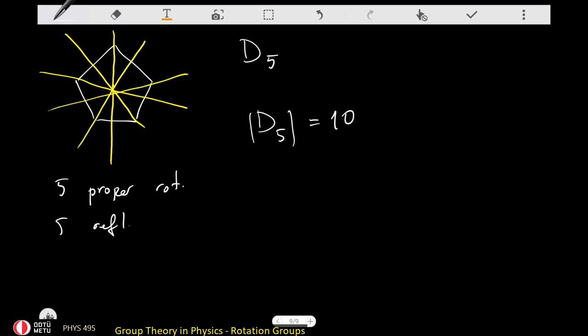All right, so let's then come back to D2. D2 essentially contains two rotations, one of them is the identity and the other one is a rotation by 180 degrees, and two reflections.